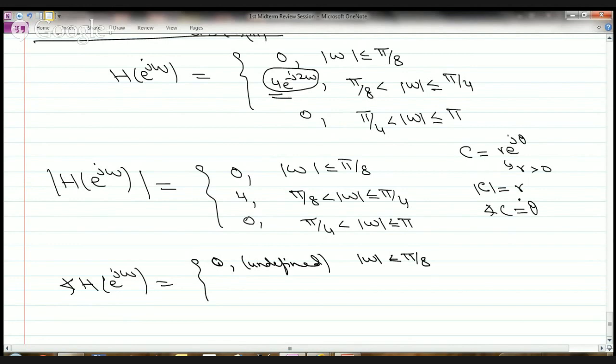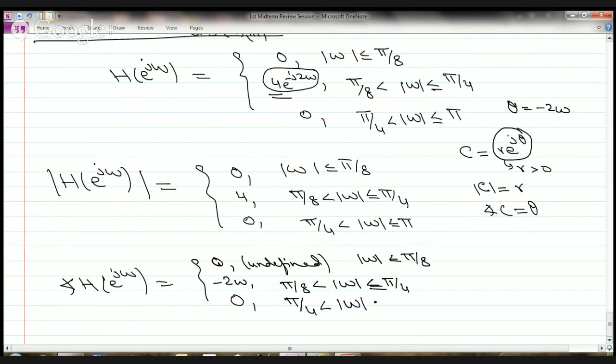Again, using the r e to the j theta notation, the phase is minus 2 omega for pi by 8 less than or equal to omega less than or equal to pi by 4. The phase of your frequency response is a function of the frequency; my theta is minus 2 omega. And beyond pi by 4, the phase is again 0 or undefined.